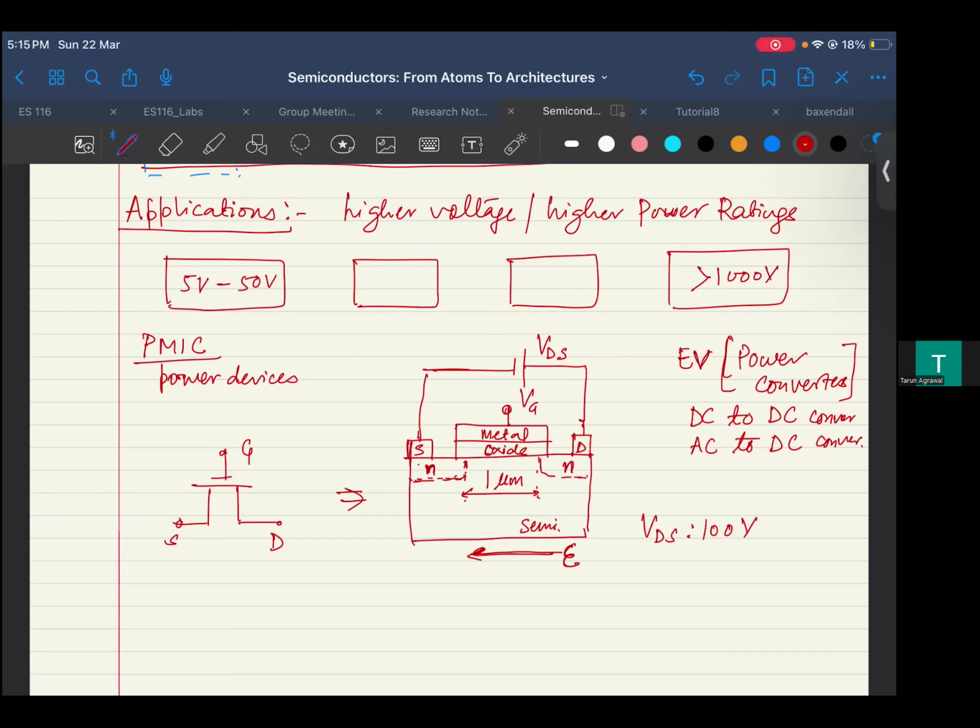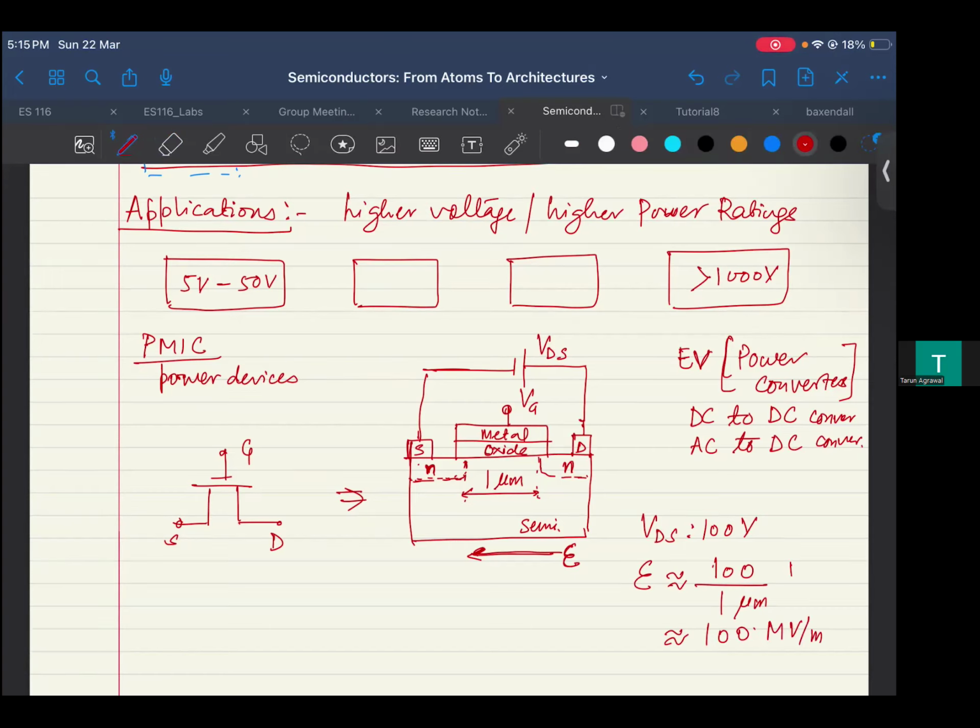Very vaguely, we can approximate this field. If we are applying 100 volt and the length is 1 micron, then you can calculate how many volts per meter this field would be. That would be 100 into 10 power 6, or 100 megavolt per meter.